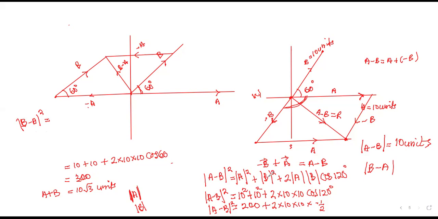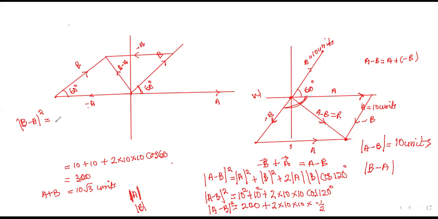So B seems minus 10, but we use the numerical value and ignore the negative. So 10 squared plus another 10 squared plus 2 times 10 times 10. Do not bring the sign because it's magnitude. Magnitude refers to the absolute value. Are you okay? Times the cosine of the angle between them, which is 120.